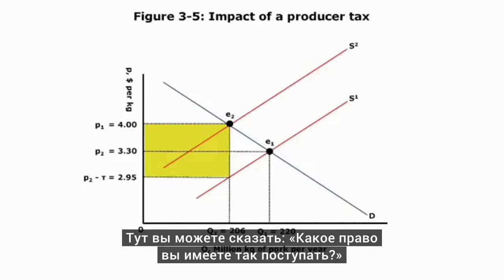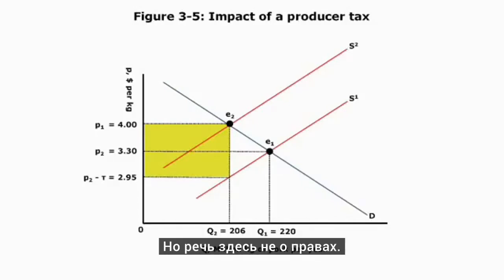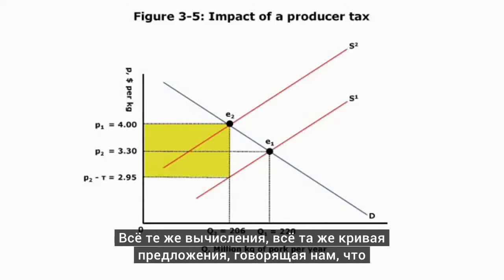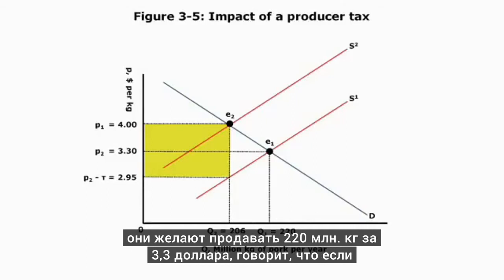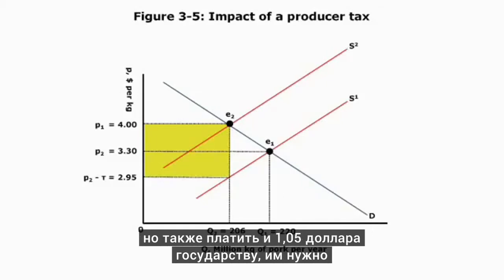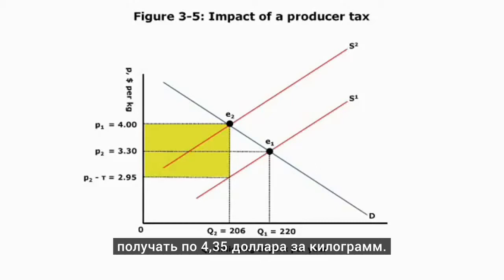Now you might say, what gives you the right to get that? It's not about rights, it's about what producers are willing to do. That same supply curve that tells us they're willing to sell 220 million kilograms at 330 says if you want them to keep selling 220 million kilograms but also pay $1.05 to the government, they're going to have to get 435 a kilogram.